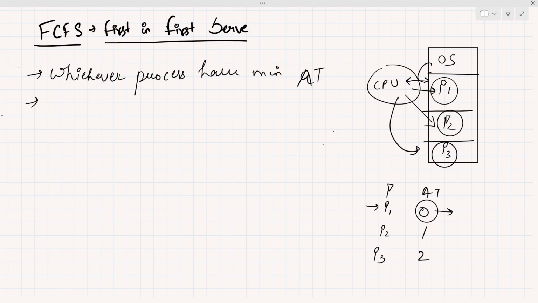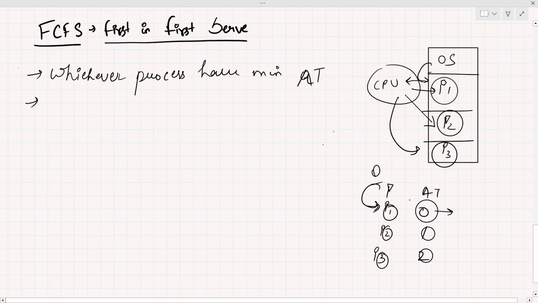And what happens if the arrival time is the same? For example, the arrival time of process P1 is 0, the arrival time of P2 is also 0, and the arrival time of P3 is also 0. So now which process will get the CPU? In this case, when there is a tie between arrival times, how do we select a process? We select the process by seeing their process ID. Here you can see that the question looks like P1, P2, P3.